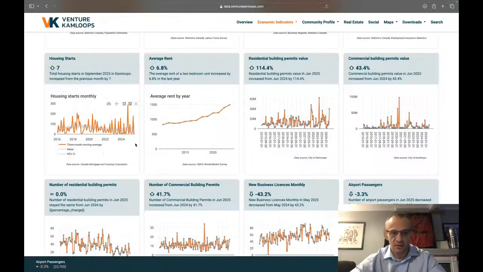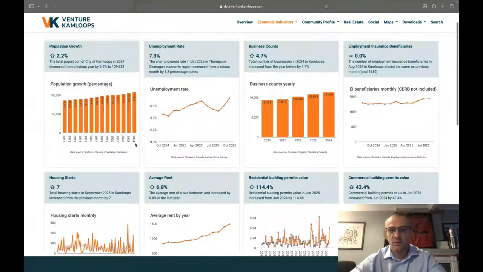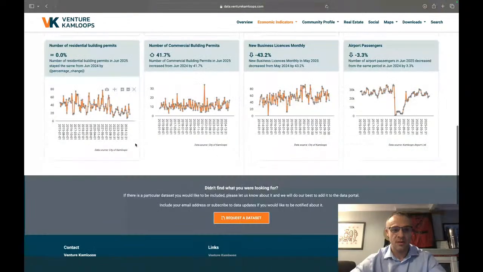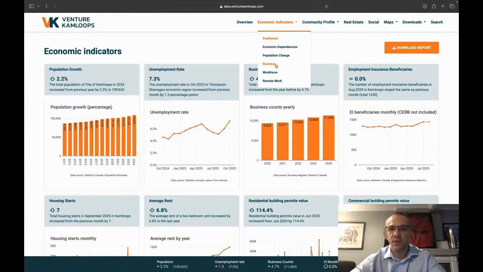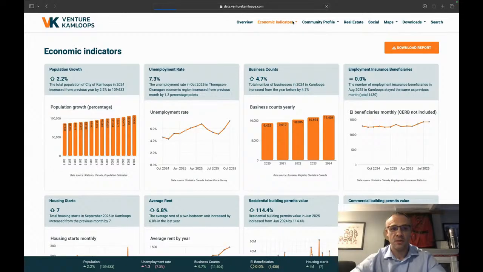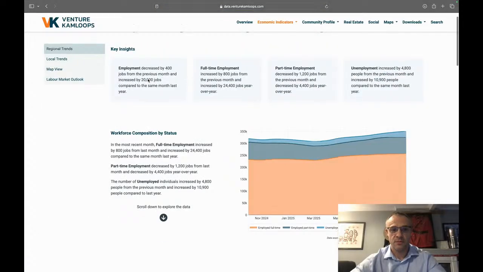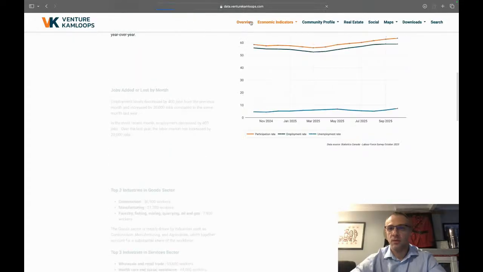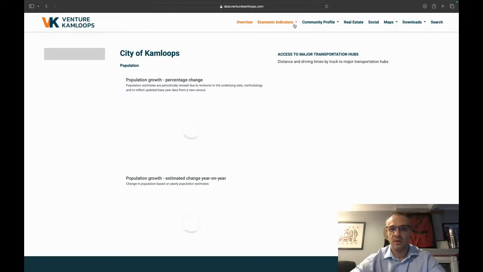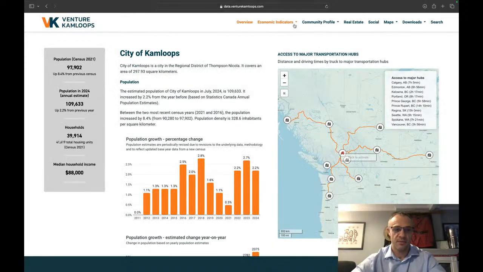Incomes we're looking for. So housing starts, average rent. Maybe under workforce. I think I was here. Anyway, I saw that our median household income is 88,000.